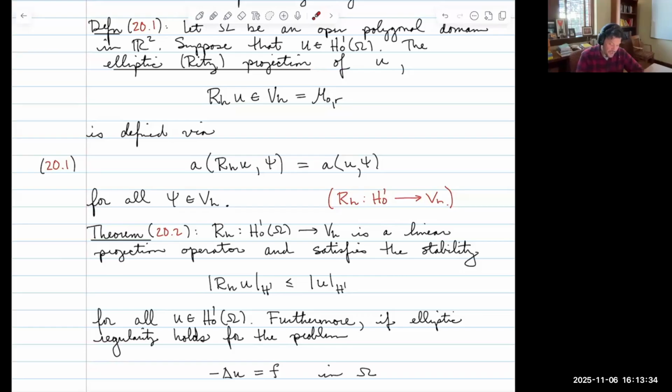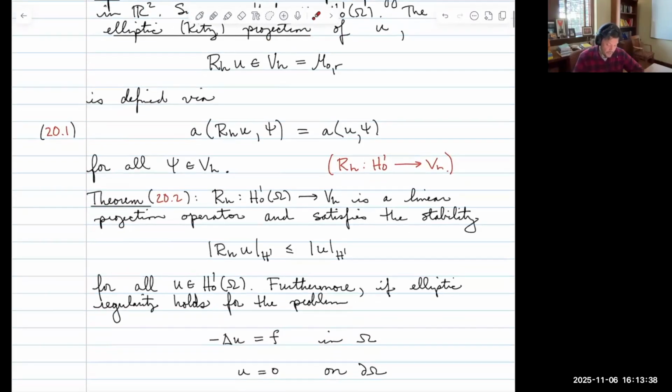We call it a projection because it actually is a projection. R_h takes my smooth, infinite-dimensional functions and pushes them into the finite element space. It is a linear projection operator. A projection operator means that if I apply it to itself, I just get itself back.